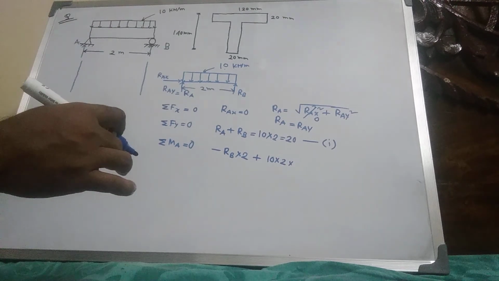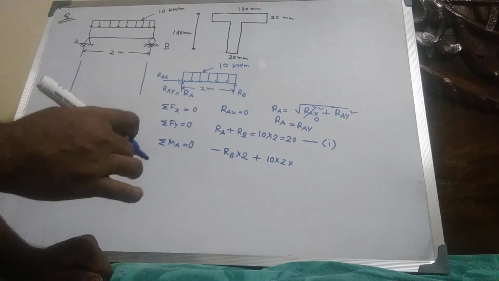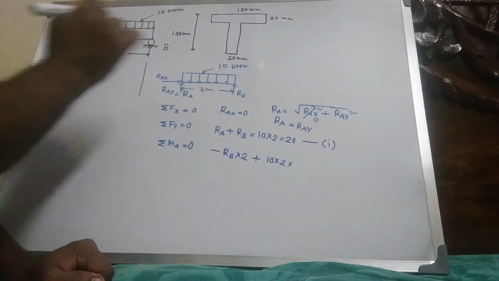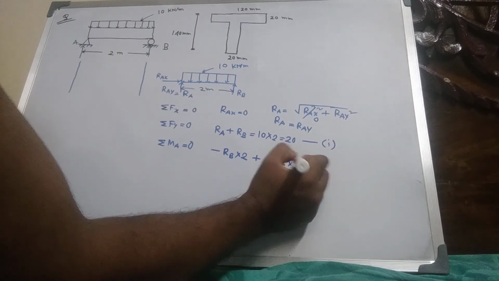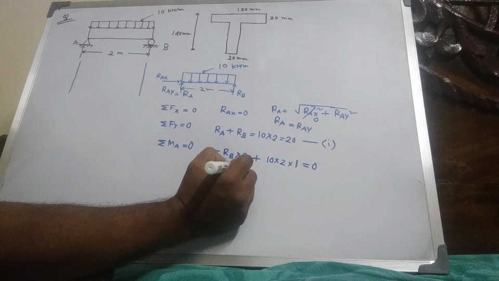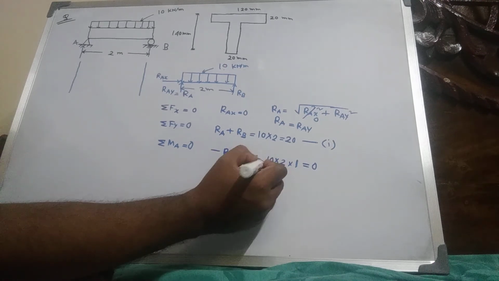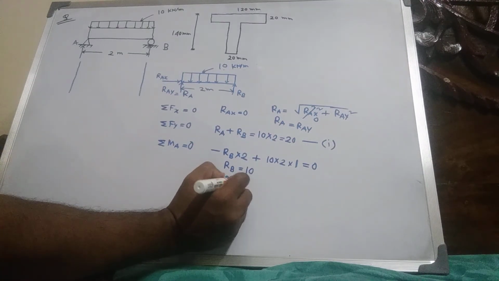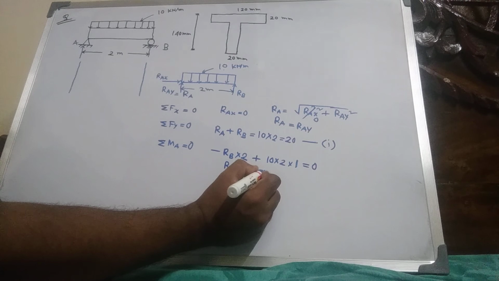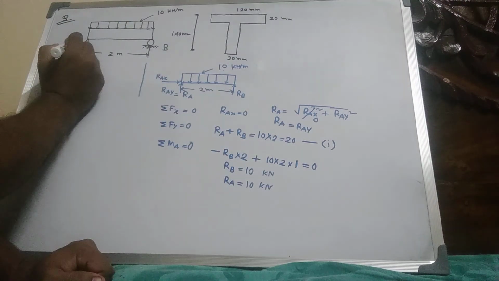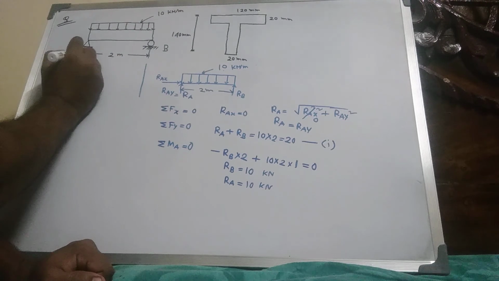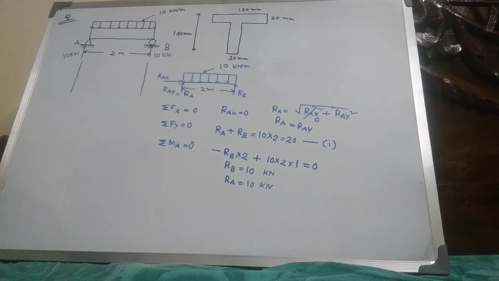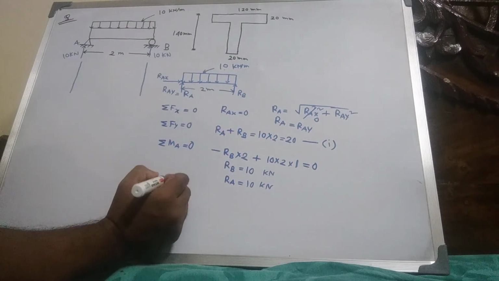The span is 2 meter, so the centroid is at 1 meter, so into 1, equal to 0. So RB equal to 10, and putting the value in equation 1, RA equal to 10 kilonewton, and RB is also 10 kilonewton. Understand?